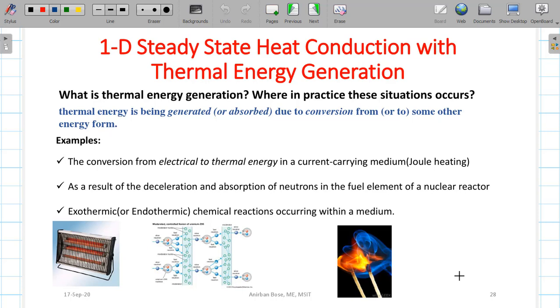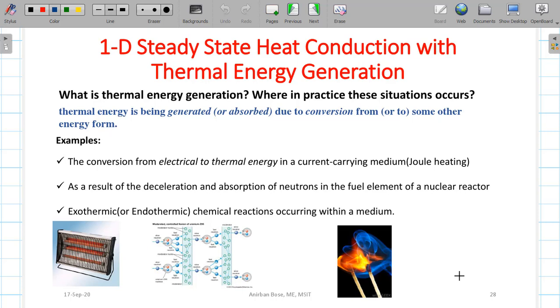It may happen that within a solid body electrical energy is converted into heat energy, or some chemical reaction is generating heat energy, or some chemical reaction is absorbing heat. That happens in the case of endothermic reactions.